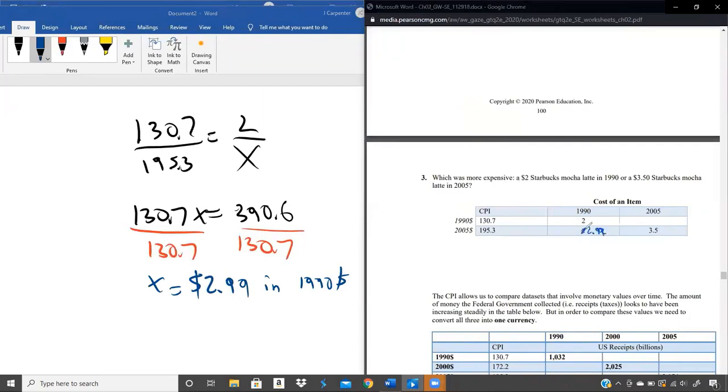So the more expensive one is the greater. All you're doing is comparing this number to this number and you're looking for the bigger one. That's it. That's all you're doing. 3.5 is bigger, so that says that the latte costs more in 2005.